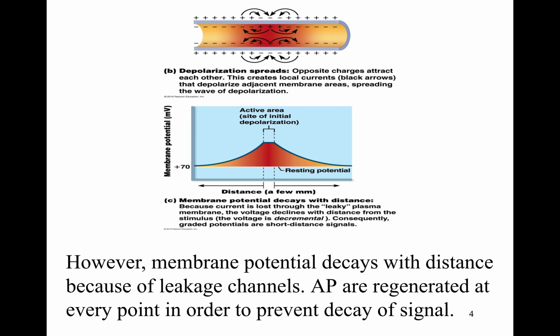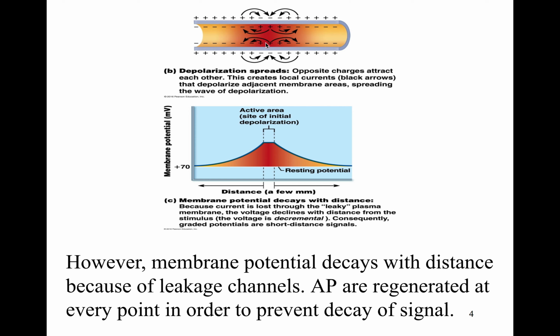Sodium is always going to be leaked into our neuron because we have more sodium outside of the neuron than inside. Potassium is always going to be leaked out of the neuron because we have more potassium inside of our neuron than outside. So we're always going to be leaking potassium and sodium ions.